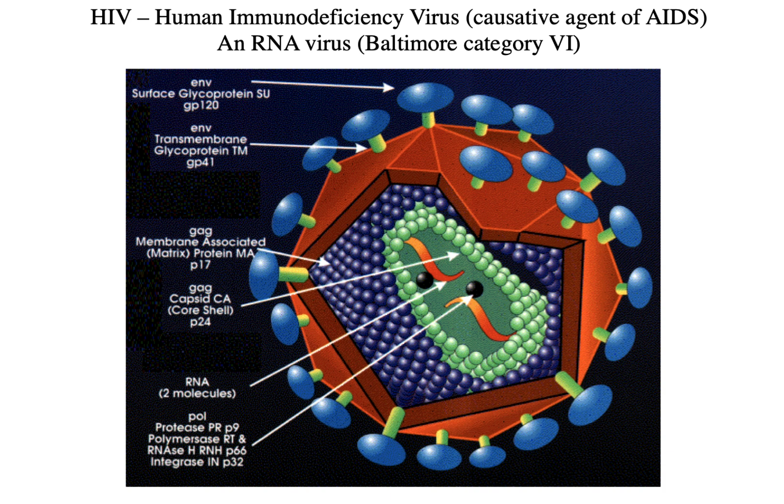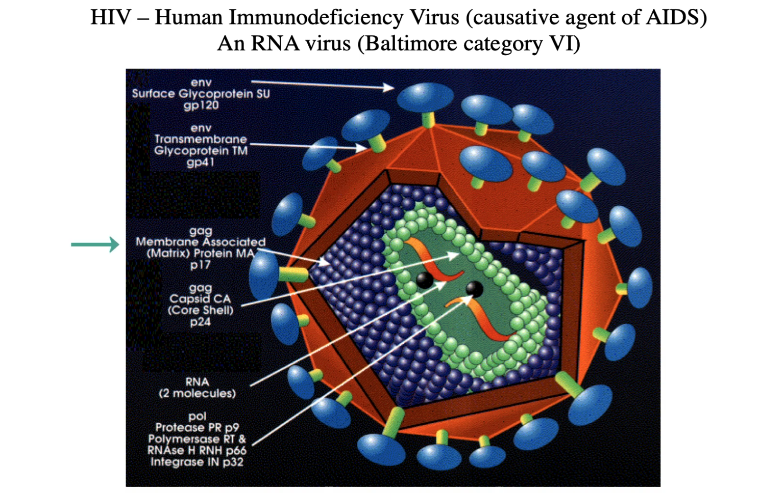So here are some details about HIV, Category 6 in the Baltimore scheme. This is HIV. On the outer surface, you have the envelope proteins, glycoprotein 120 and glycoprotein 41, which is a transmembrane protein. And then the red there is a part of the host membrane that it carries along with it.